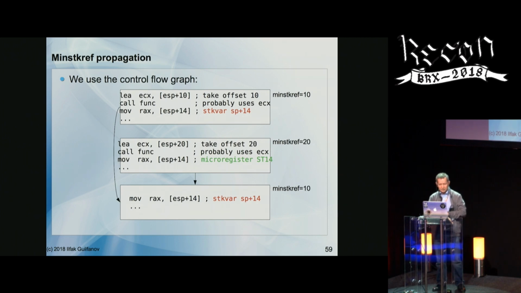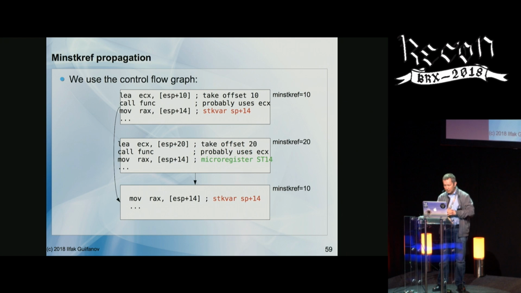We have the following case, with two calls to the same function, but please note the difference. In the first case, we take the offset 10 from the stack pointer, and in the second case, we take the offset of another variable, offset 12 from the stack pointer.